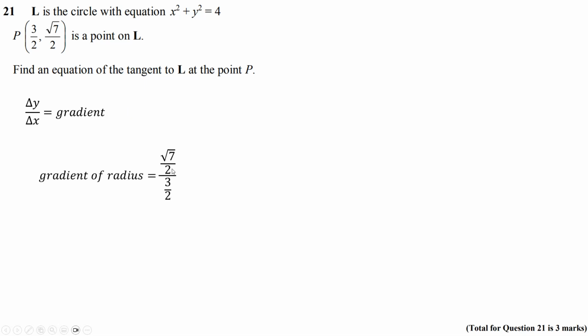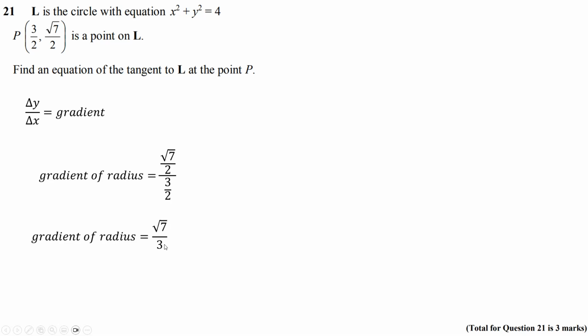If we do that, I've gotten rid of the minus zeros because minus 0 does nothing. And you've got this. You can put this into a calculator, or if you know how to work with complex fractions, you just multiply the denominator of the denominator by the numerator here to get root 7/3 as the gradient of the radius.